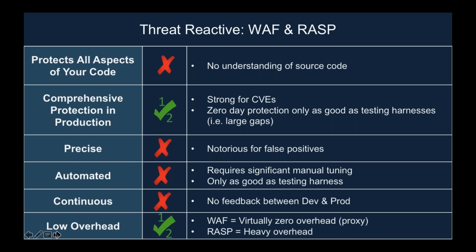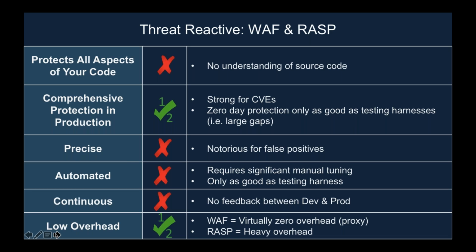And if you're updating your application or microservice every other day, RASP is likely to fall short when it comes to modeling your application well, because you can only keep up your test suite with that frequency of release. So it falls short on the first requirement, comprehensive protection in production.